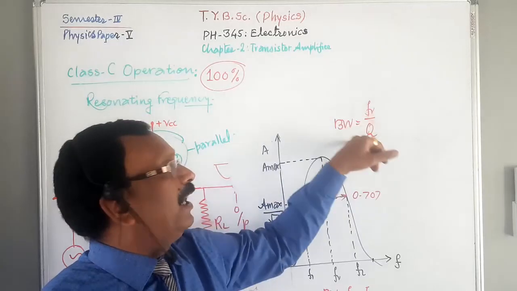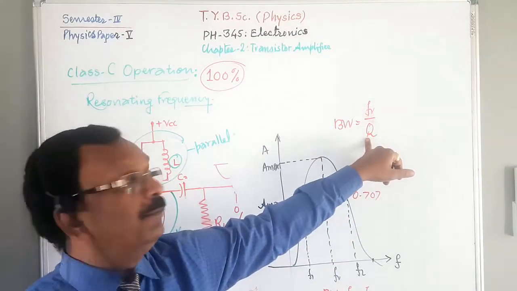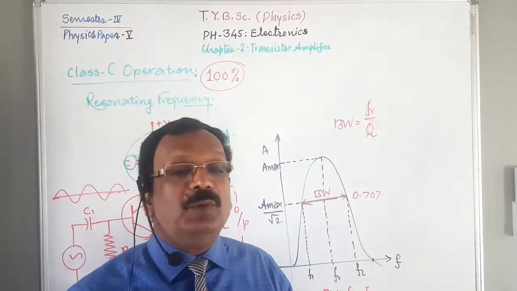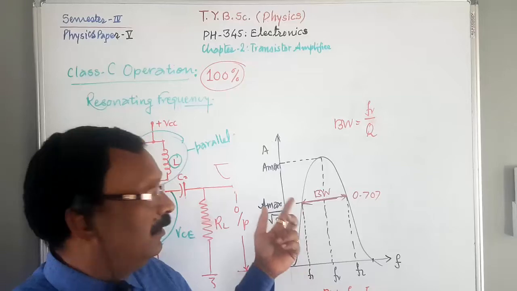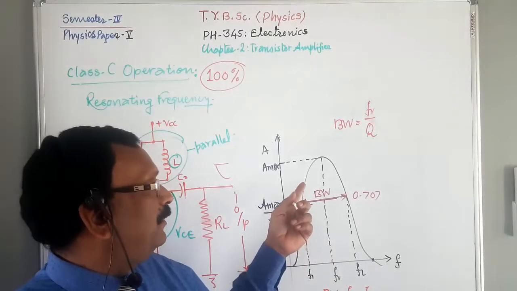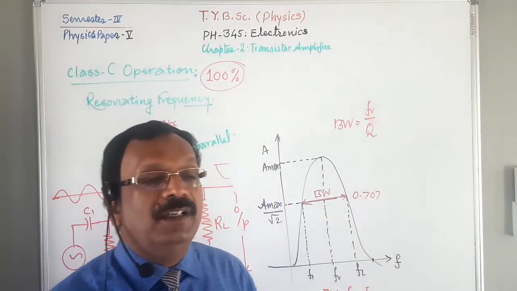Sometimes problems may be asked on this. Bandwidth is inversely proportional to quality factor. As bandwidth is larger, quality factor is smaller, and vice versa.